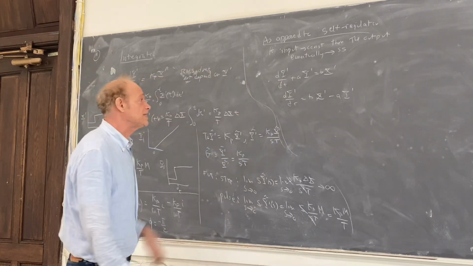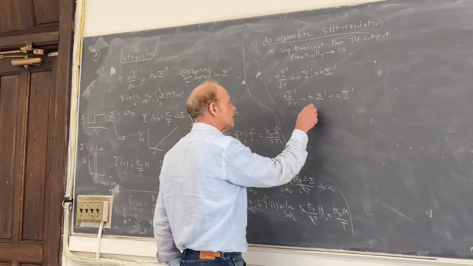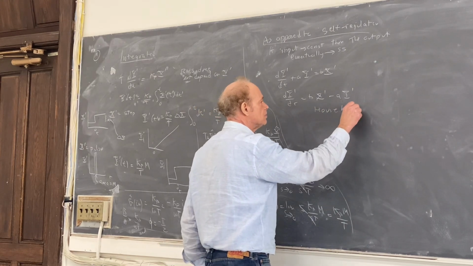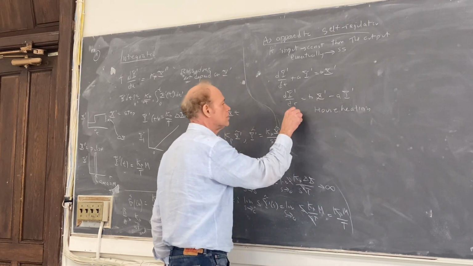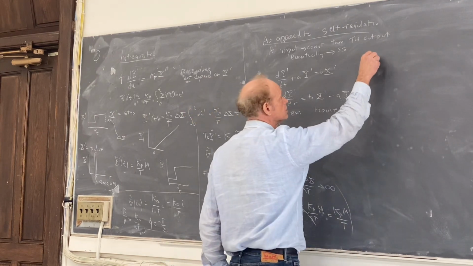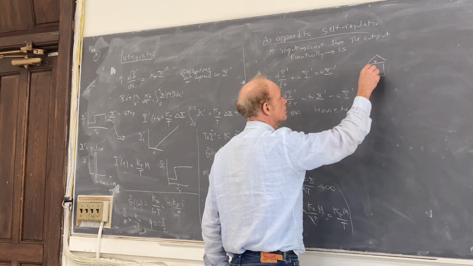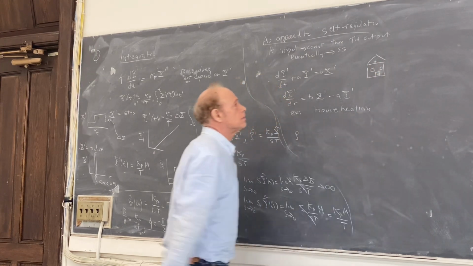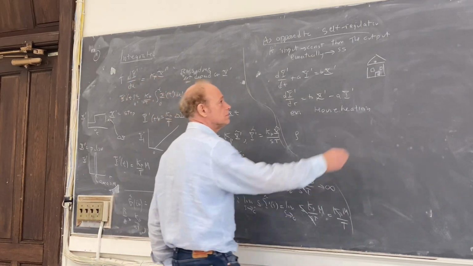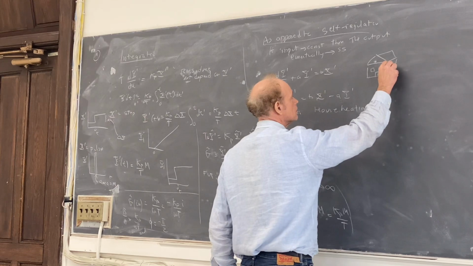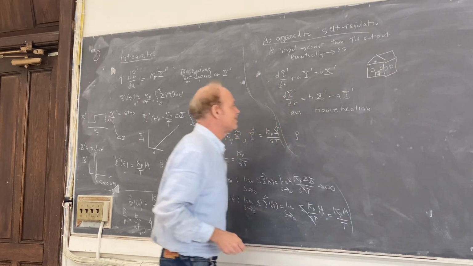I'll give you an example. Let's look at the house heating example. So again, I have this house. I have my little house here. I like a lot of windows.